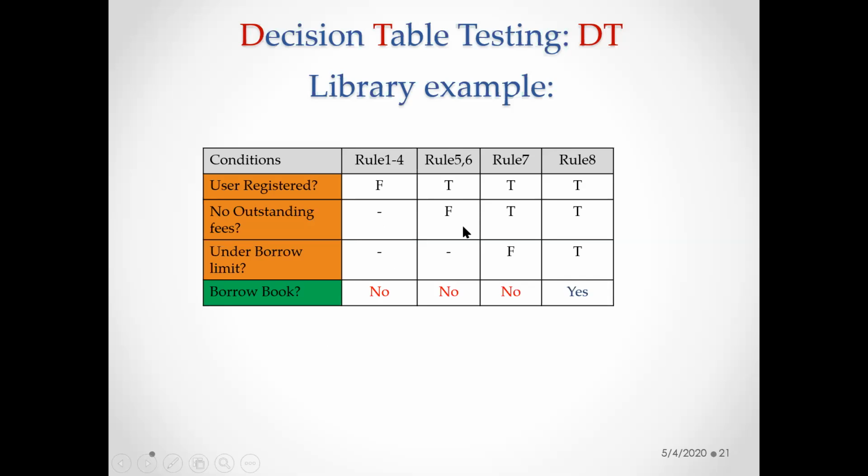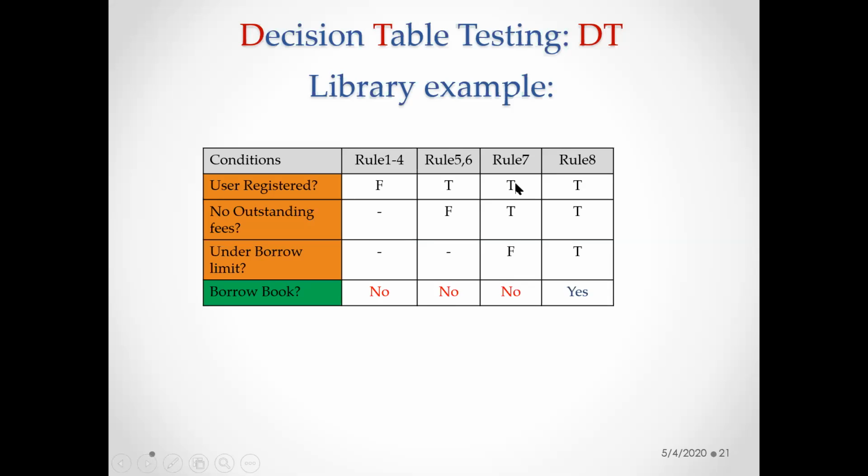In a similar manner, if the outstanding fee is there, then it is false. He cannot borrow the book, whether the borrow limit is available or not; irrespective of it, he cannot borrow the book.